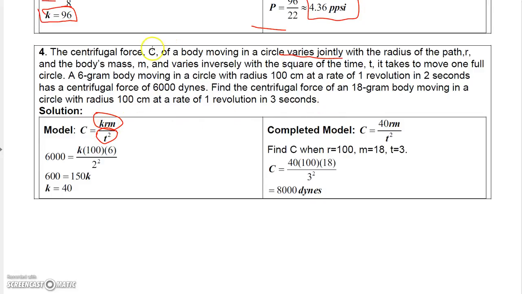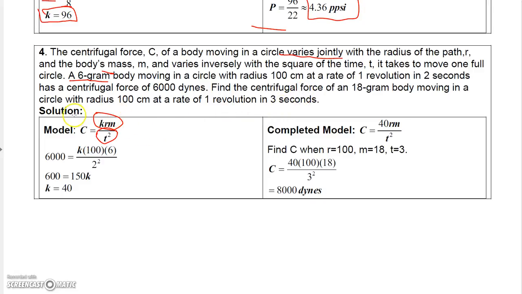Now, it tells me here in this sentence, a 6-gram body, so that tells me that the mass is 6, moving in a circle with a radius of 100 centimeters, so we know that R is 100. So notice down here I put in 100 for R and 6 for the mass. And it travels at a rate of 1 revolution in 2 seconds.